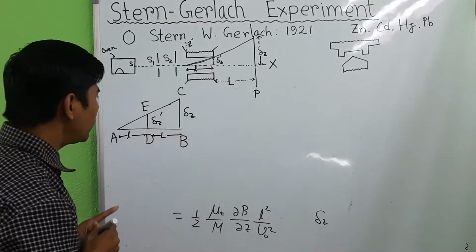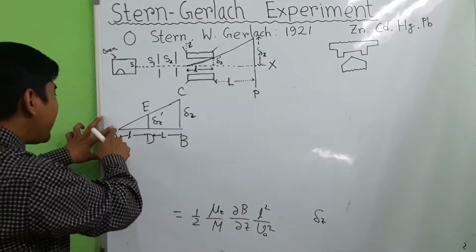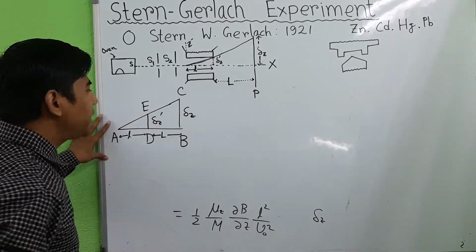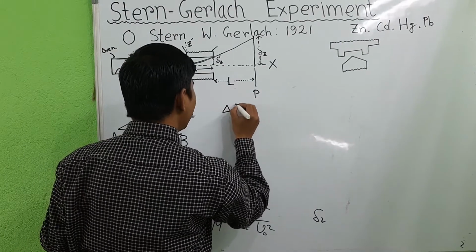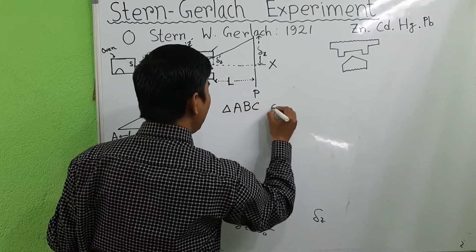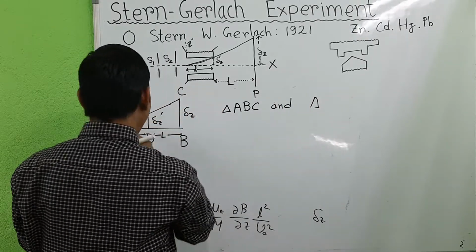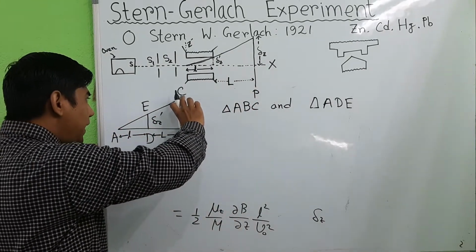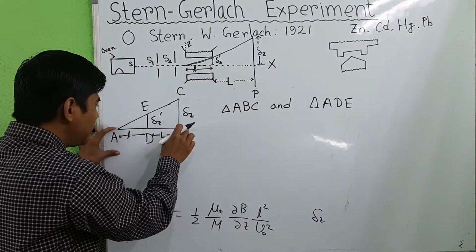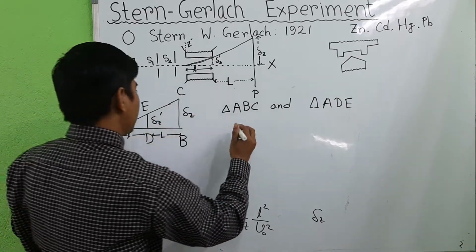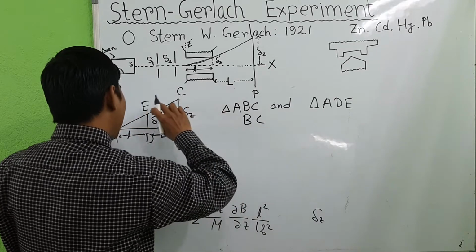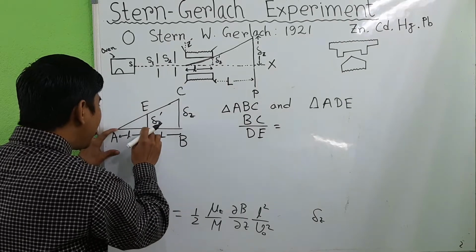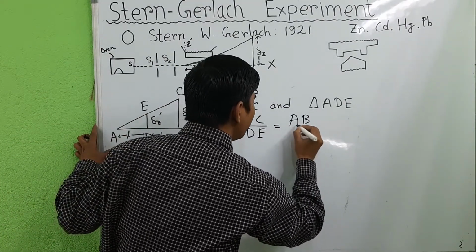Now from the triangle ABC and the triangle ADE, we get this side by this side equals this side by this side, that is BC by DE equals AB by AD.